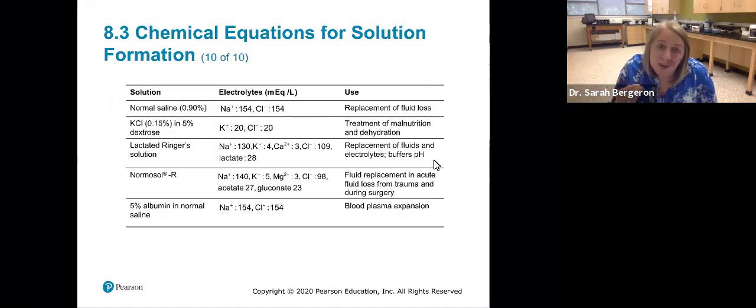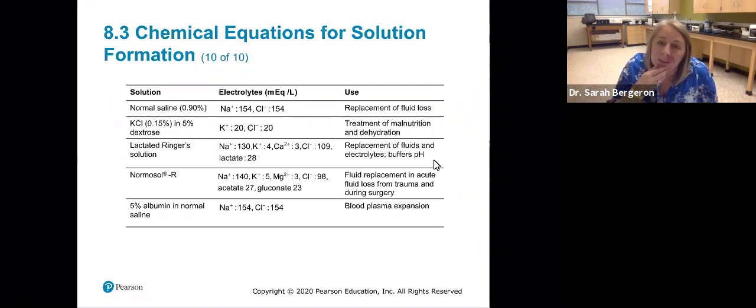Well, you want to give them, in addition to an ion, in this case potassium chloride, dextrose, which is a sugar. And so you have to make sure that you're giving the right concentration of ions and the right concentration of sugar.